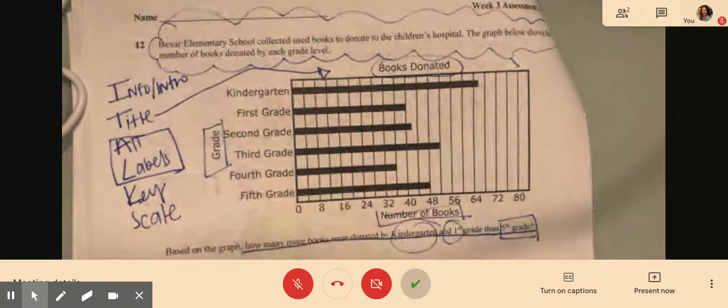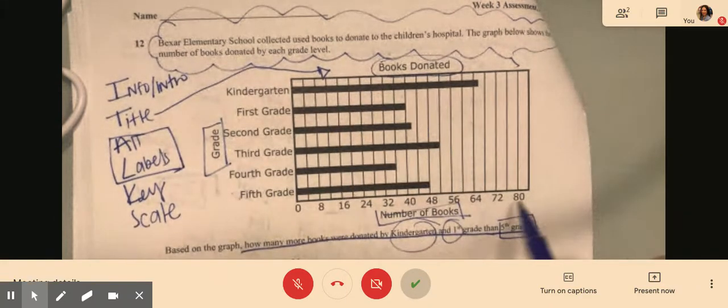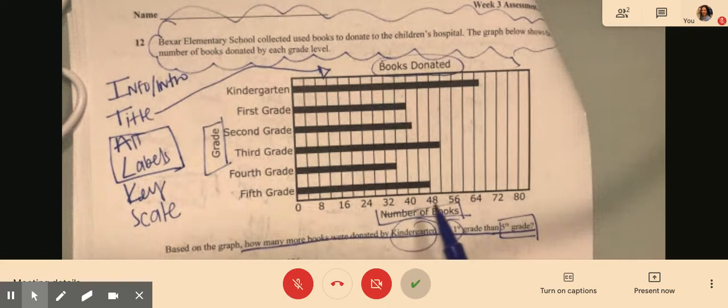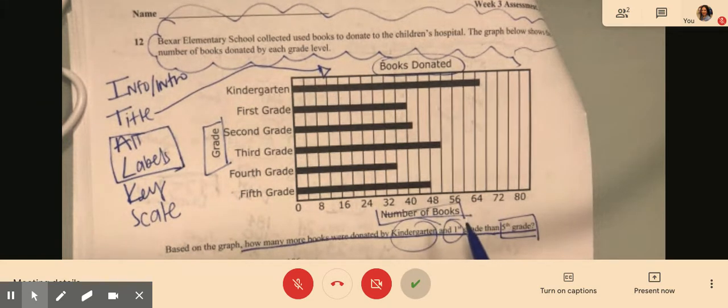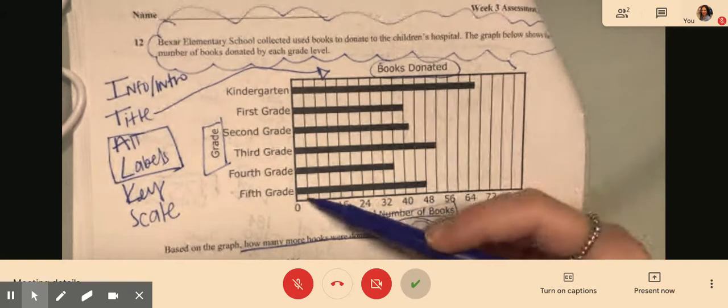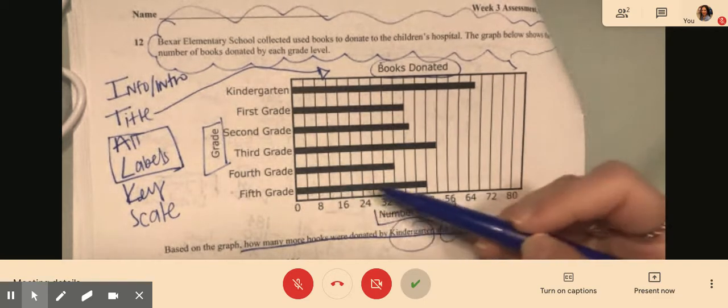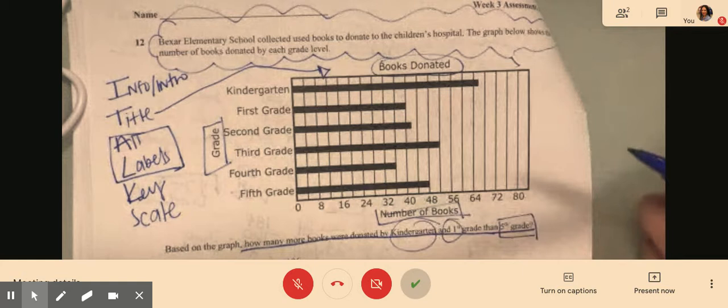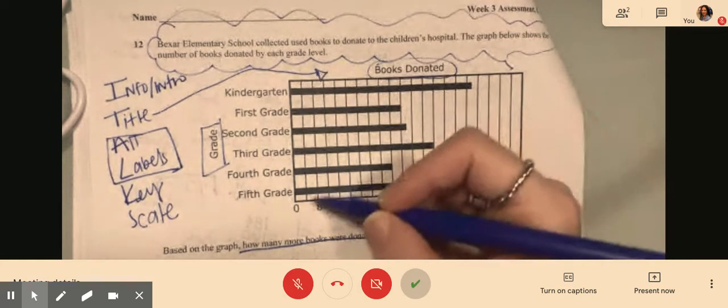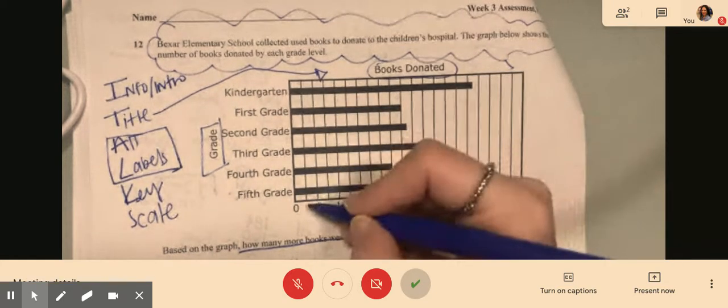And the S stands for scale. So what is the graph going by? If I look at the graph, I would think that it's going by 8. However, do you see this line in the middle of each of the numbers written in? That means that it's not going by 8. That's a misconception. It's actually going by 4.